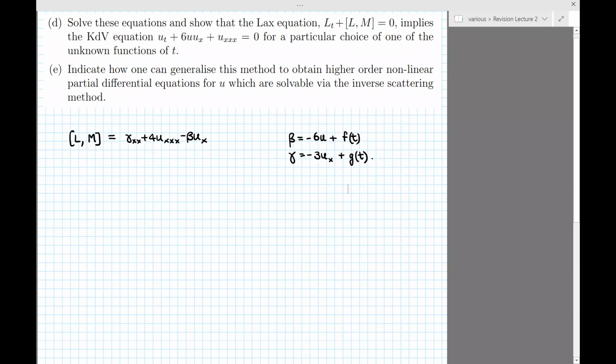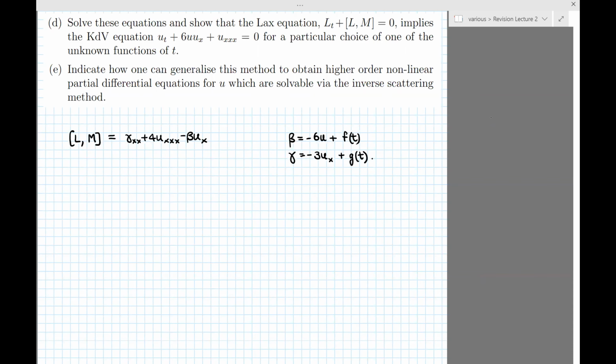So next in part D, we want to show that the Lax equation, time derivative of L plus commutator of L with M equal to 0, implies a KdV equation for a particular choice of one of the unknown functions of t that just appeared in part C. So let me remind you that in part C, we obtained that the commutator of L and M, after we impose a condition that this was a multiplicative operator, is equal to gamma xx plus 4uxxx minus beta ux.